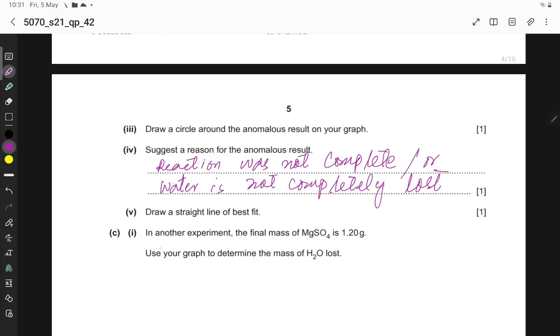Draw a straight line of best fit. In another experiment, the final mass of magnesium sulfate is 1.20 gram.